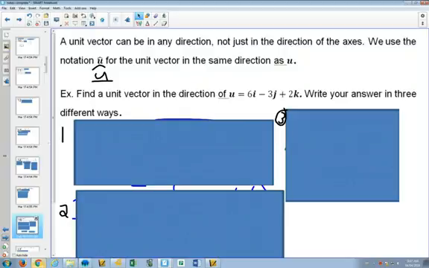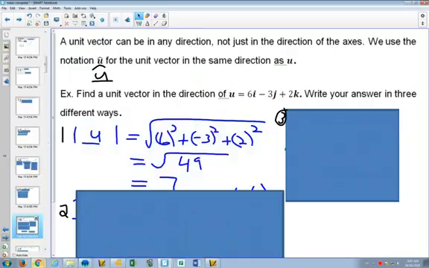So here, we have this vector, which we already figured out before had a length of 7. So if we wanted to write the unit vector in the same direction, we would want it to be in the same direction as 6, -3, and 2, but be 1/7 of the length.